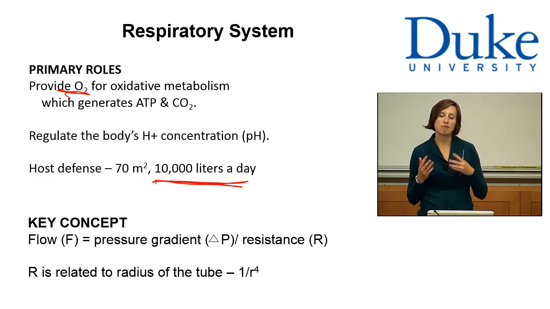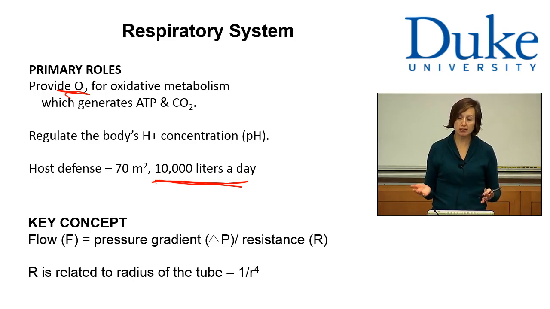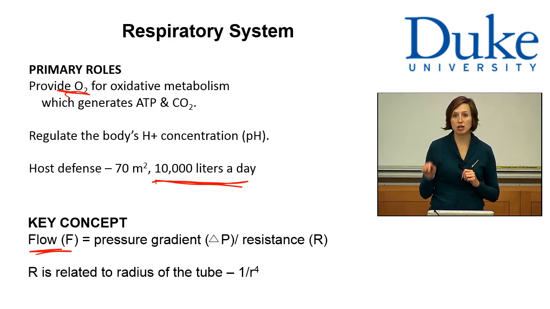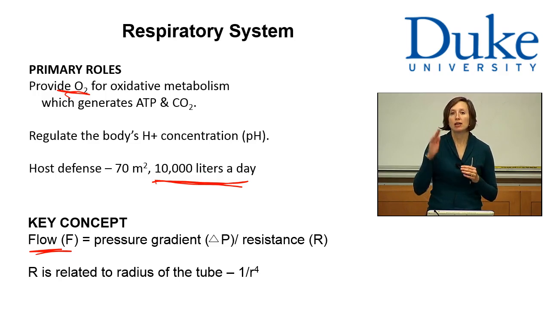Now, we're going to see many similarities of the respiratory system to the cardiovascular system because, again, we're going to be talking about flow. And so we're going to be talking about pressure gradients, and that the amount of the pressure gradient is going to be important, as well as the resistance.